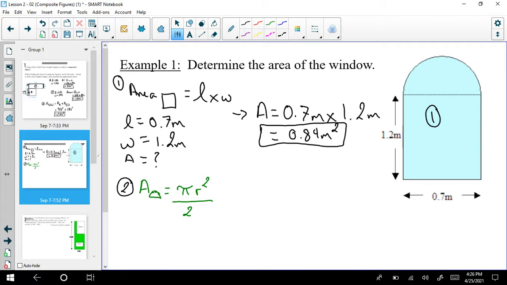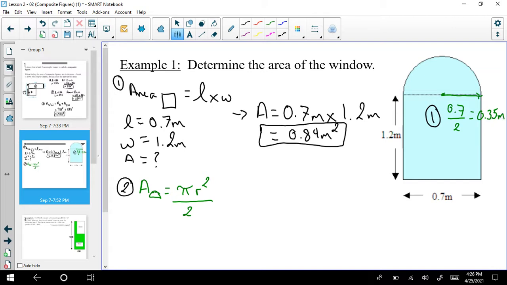Now, on a side note, we need to figure out what my radius is. The radius of a circle is always from the center of the circle to the outer spot of the circle, to the perimeter of the circle. So we need to know what half of this is. We know the full length is 0.7 meters. So half of that would be 0.7 divided by 2, which gives me 0.35 meters.